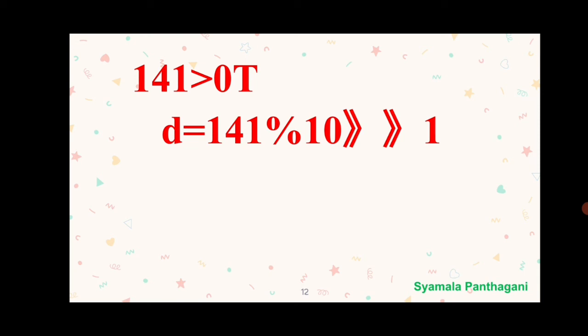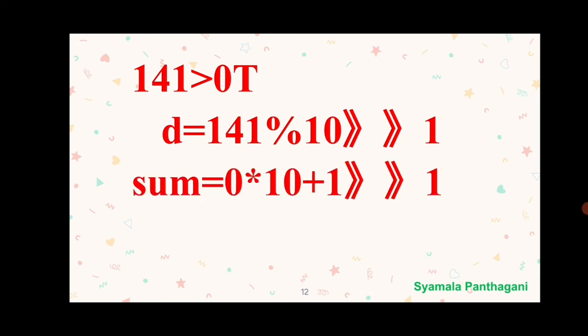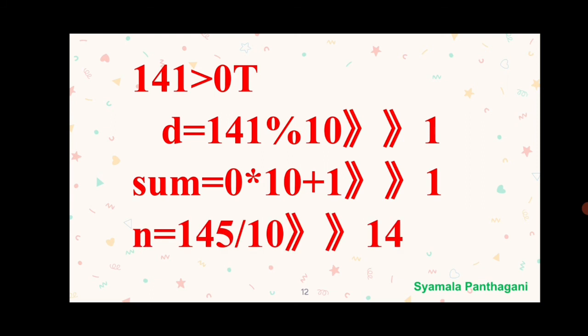The remainder is 1. Now sum = sum * 10 + d. The initial value of sum is 0, so 0 into 10 is 0, plus 1 is equal to 1. The value of sum is 1 and n = n / 10.